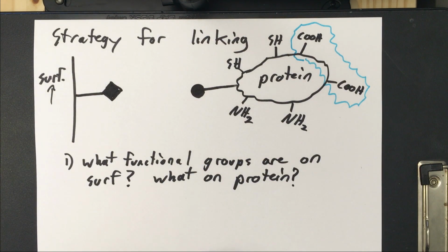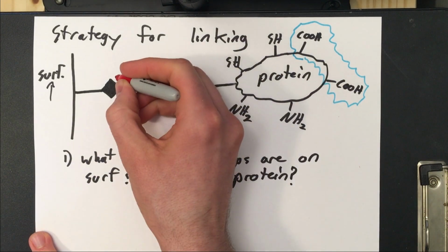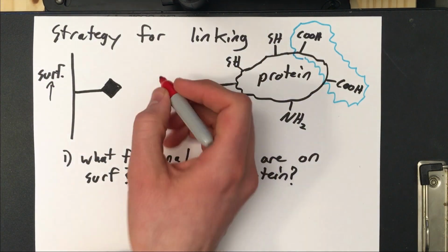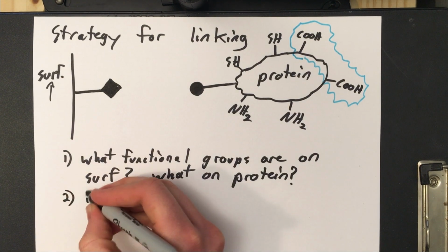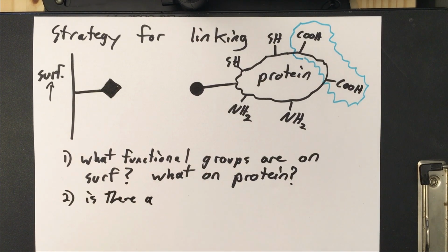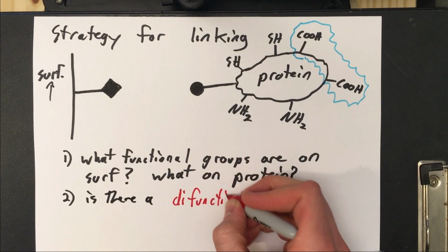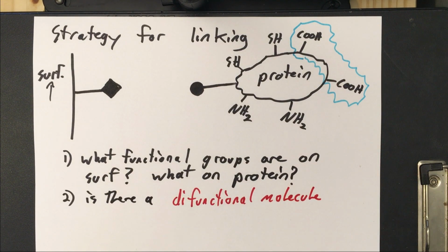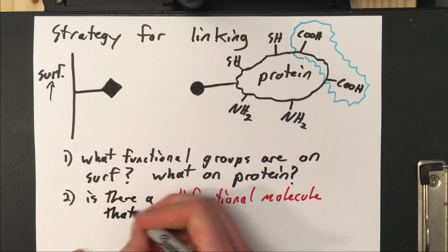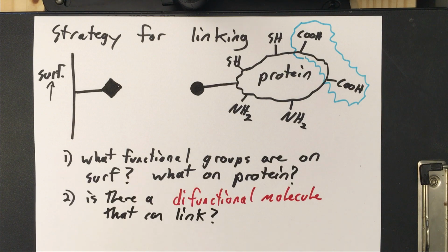If we have some linking molecule that we could put into this mixture, let's say there's some hypothetical molecule that we'll call difunctional. Is there a difunctional molecule that can link? So what might that difunctional molecule look like?